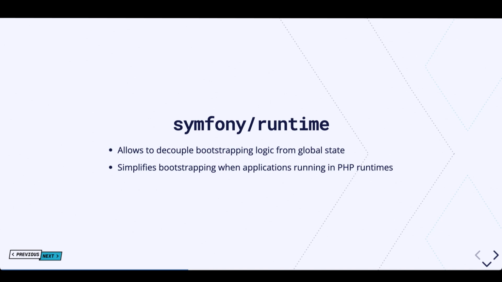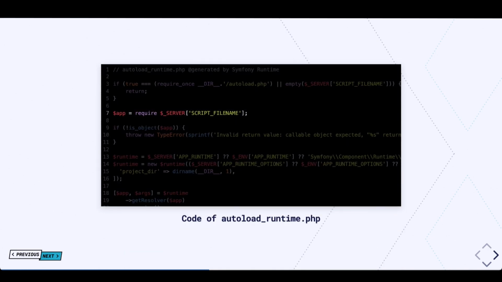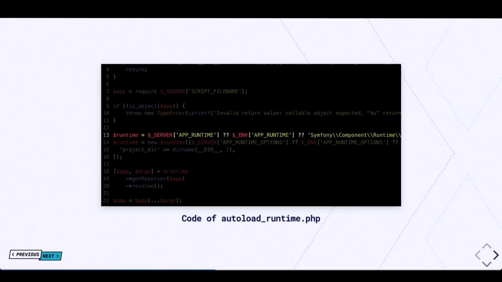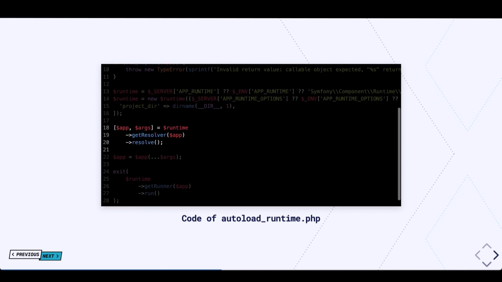Now let's quickly see the code of autoload_runtime.php provided by Symfony Runtime. Over here we simply require our script, in our case it is our console application. Next, we get the appropriate runtime class, in our case an instance of Symfony Runtime. After that, we initialize the app and get the appropriate resolver.